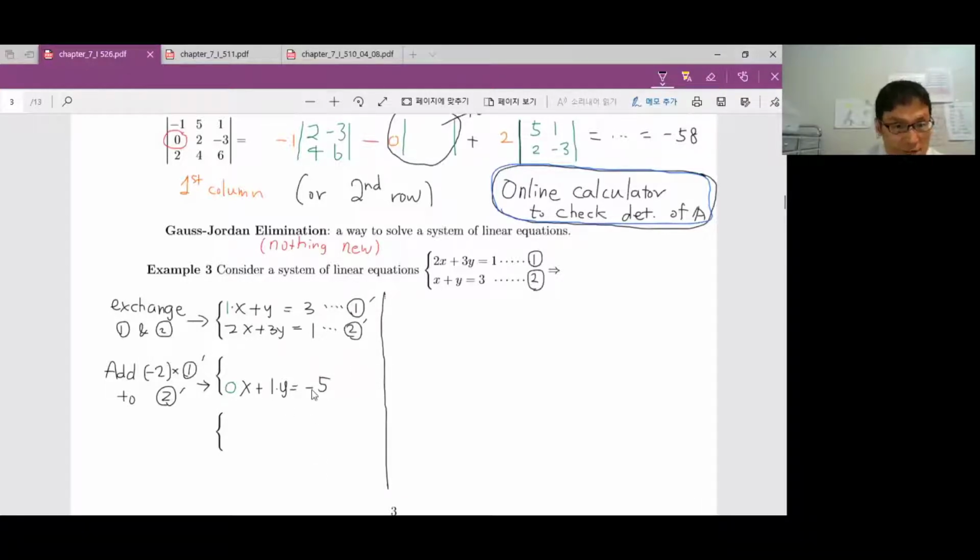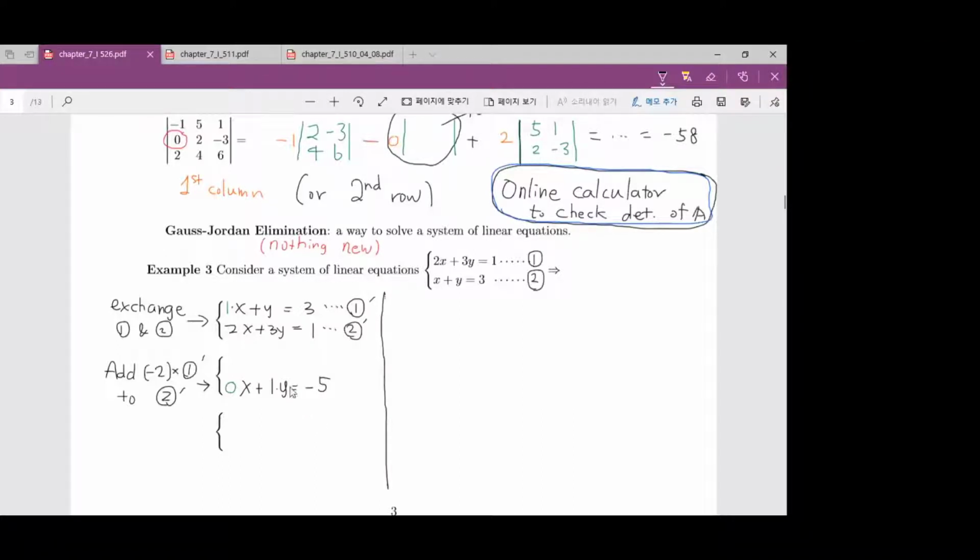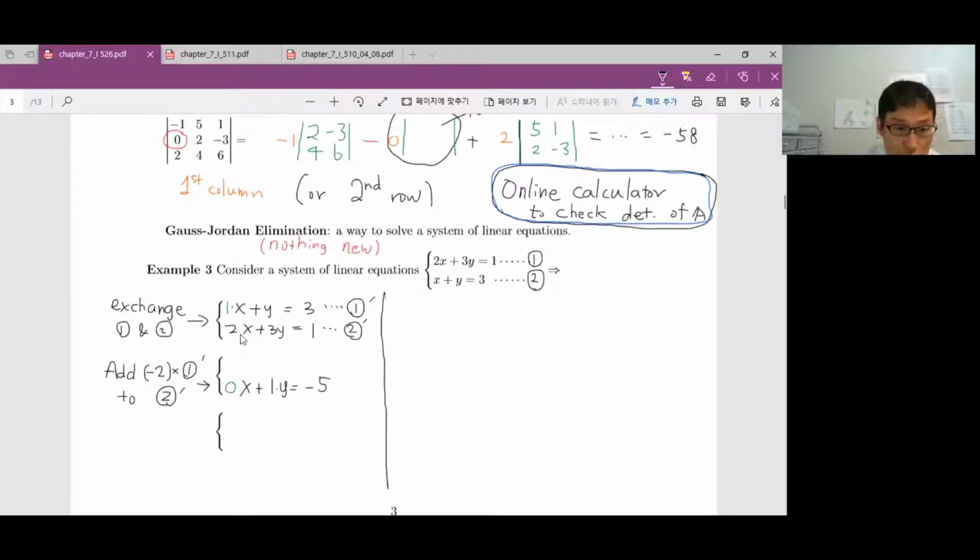Is that clear? Yes. Okay. And then what about first equation? Nothing happens to this first equation. Let's keep this as it is. And let me call this 1 double prime, 2 double prime. The second equation says y is -5.